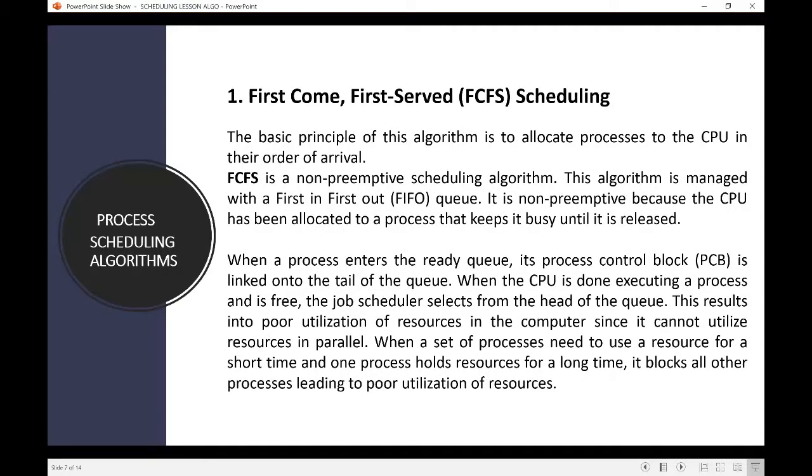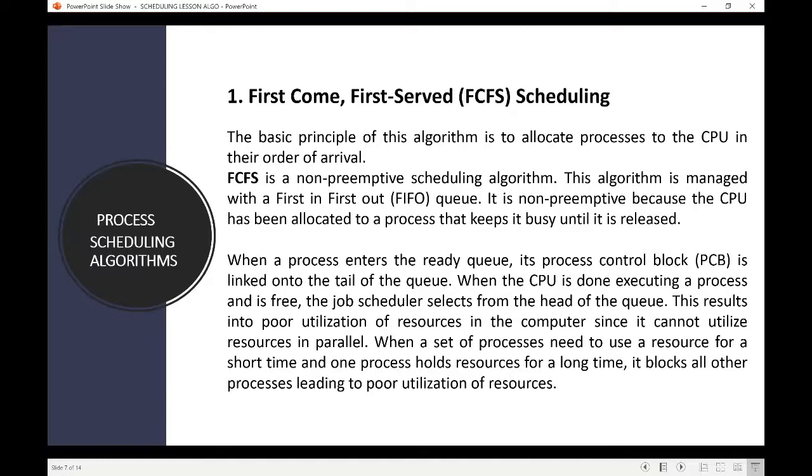Let's discuss the first come, first served scheduling algorithm. So this algorithm has a basic principle to allocate a process to a CPU in their order of arrival.